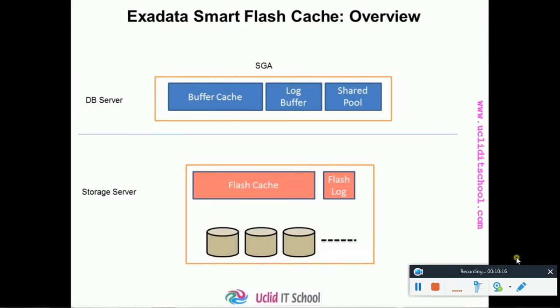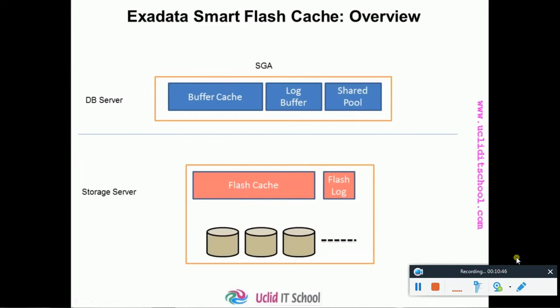Okay, in that case, the next query again has to issue an IO request to the storage server. Now the storage server, instead of reading that block from the hard disk, will serve it from the flash cache, because earlier the block was cached inside the flash cache.